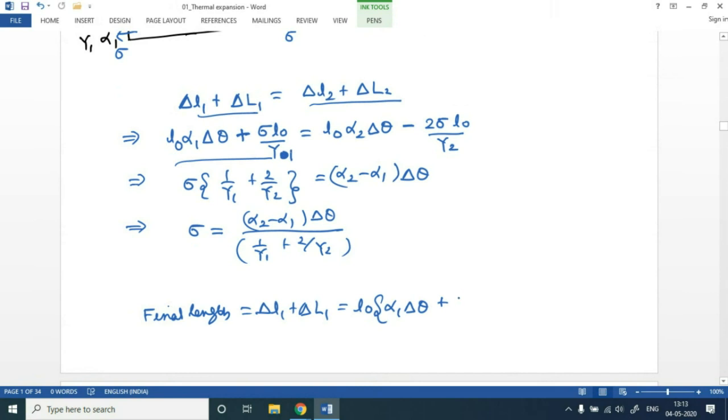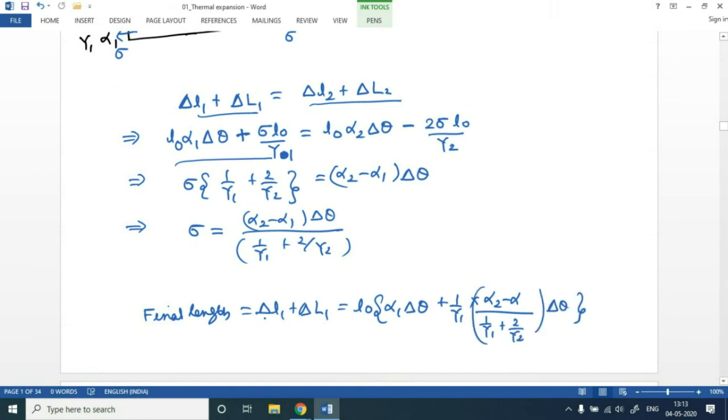So 1 by y1 let's take out, and let's put the value of sigma over here: alpha 2 minus alpha 1 divided by 1 by y1 plus 2 by y2 into delta theta also.